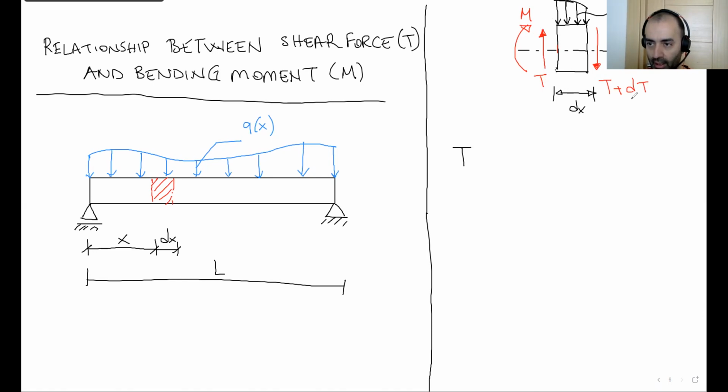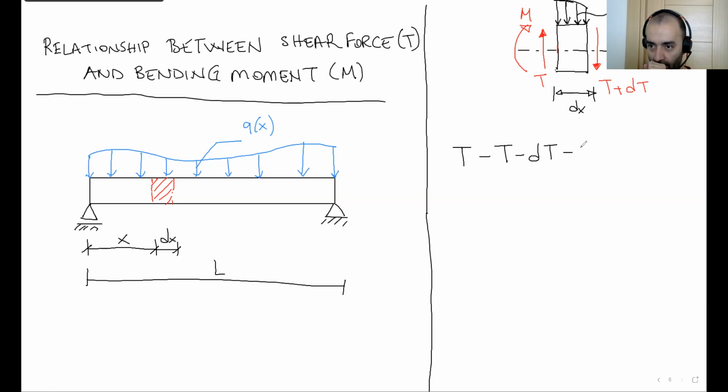At the right-hand side, we have T plus dT, goes down. So they're in opposite directions. We can write here T minus (T plus dT). On top of the beam, there's a distributed load. It goes down.